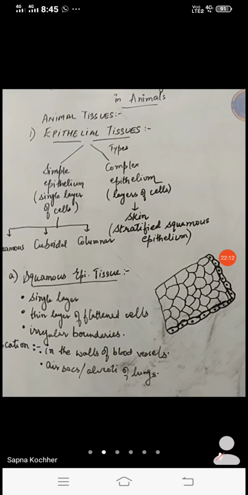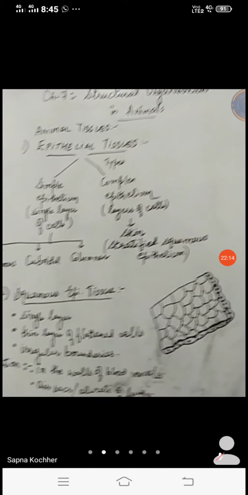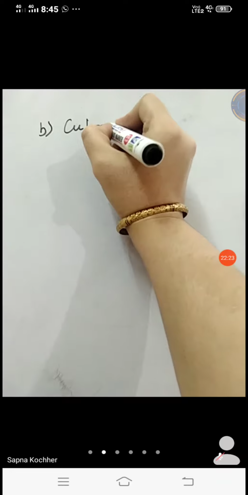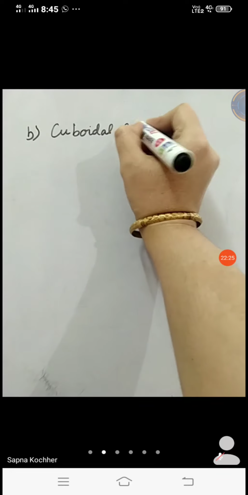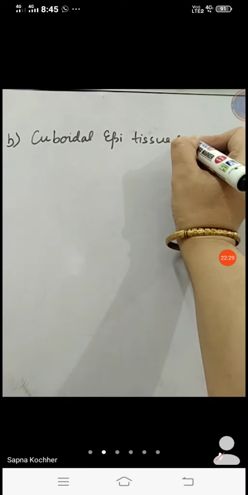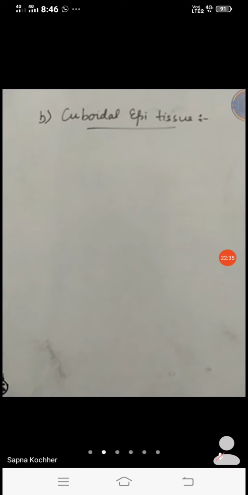Coming to the second type of the tissue, that is a cuboidal epithelium or the cuboidal epithelial tissue. So the second one is cuboidal epithelial tissue. As the name is saying, cuboidal, the cells of this category are cube shaped.